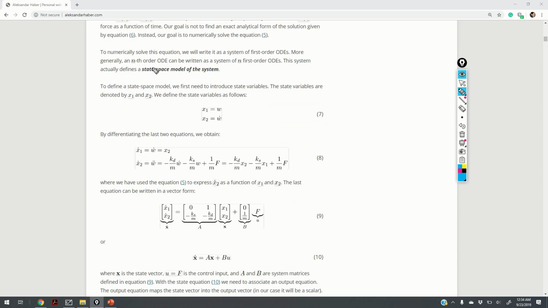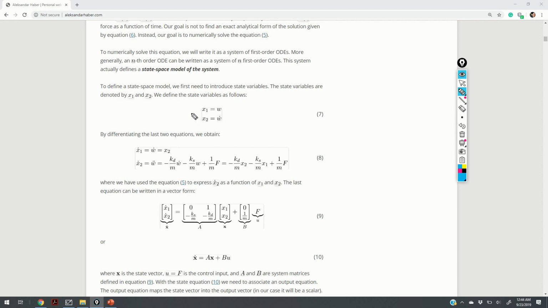To define a state space model, we first need to introduce state space variables or state variables. In our case, the state variables are denoted by x1 and x2, and we define them by equation 7. So the first state variable equals the displacement, and the second state variable equals the velocity.